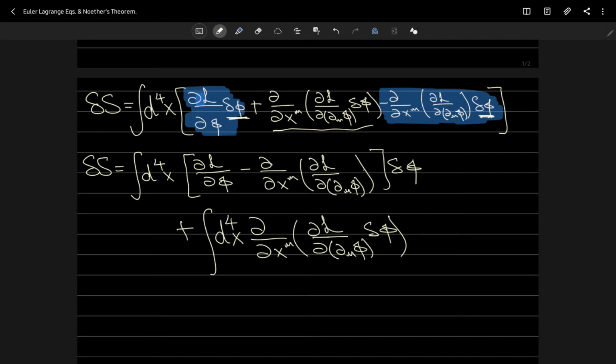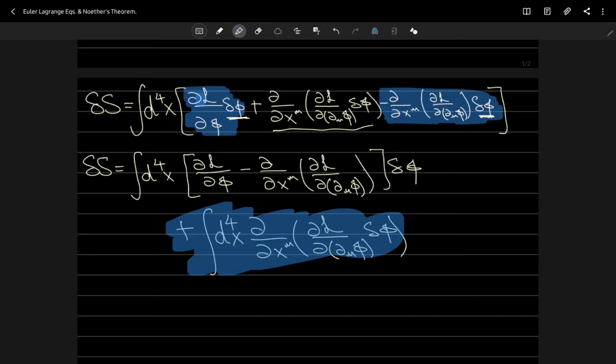Right. Now the interesting thing is that this integral is simply the integral of a total derivative, right?